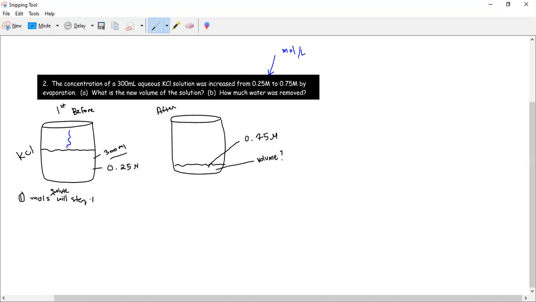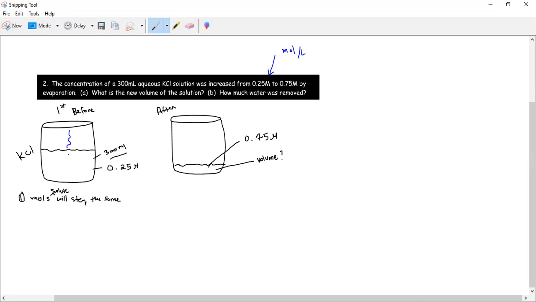The idea behind that is it doesn't matter if I dilute or add more water to the solution, or if I take away water from the solution. I should have the same amount of moles either way, because if water evaporates, it doesn't take the molecules with it, right?